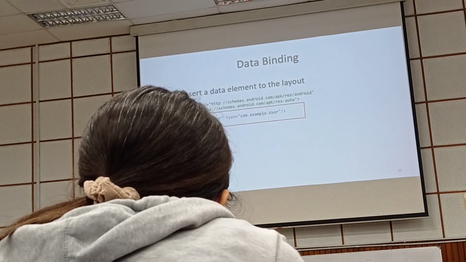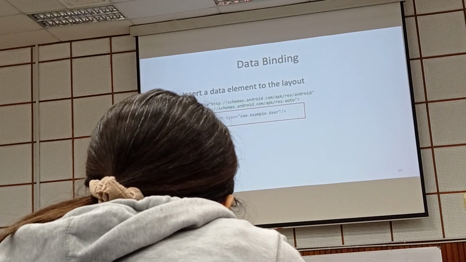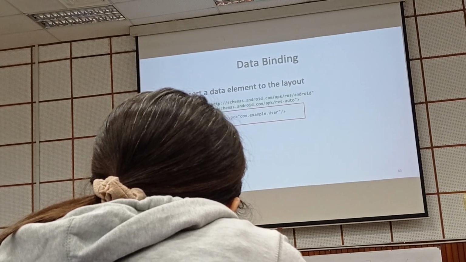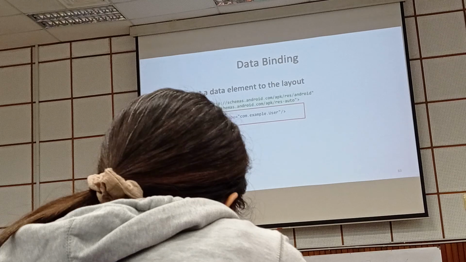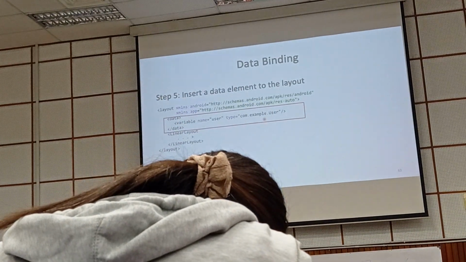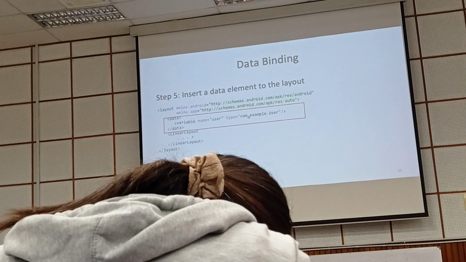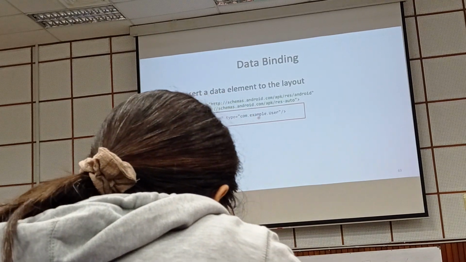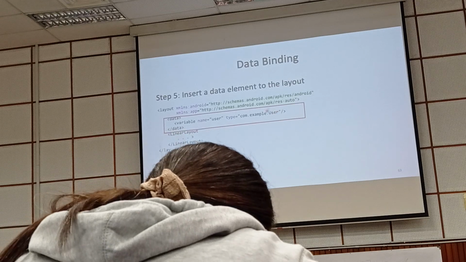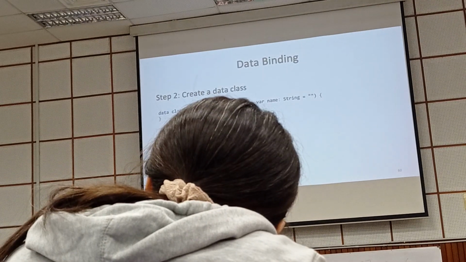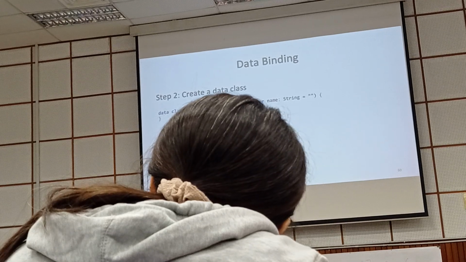And then, inside the layout tag, we declare an additional tag for data. Here, we can give the data the name and where the data comes from. So the type is from the class we defined earlier. Okay, this class, user, is from the previous class.